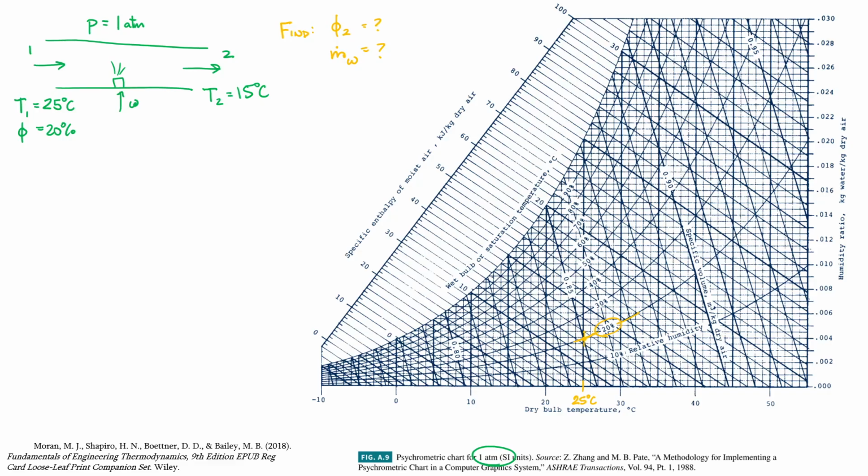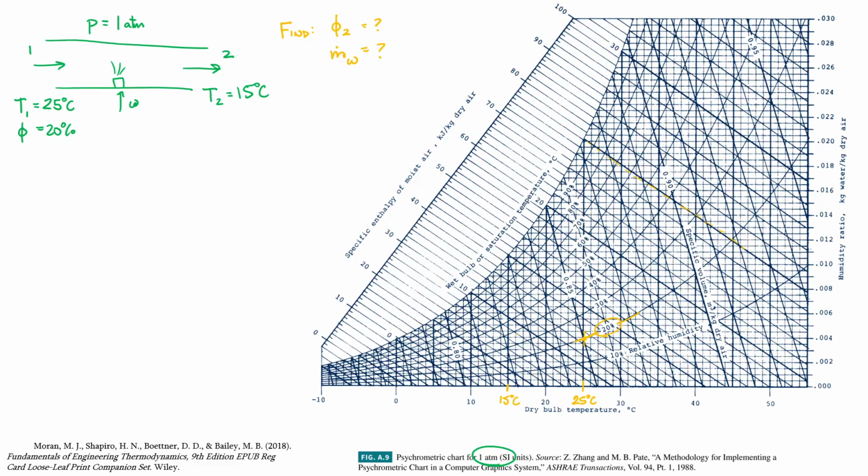Okay, with this, when I am talking about an evaporative cooler, I know that my wet bulb temperature is staying the same, and the wet bulb temperatures are these lines right here. So I'm going to be moving along those lines until a point where I hit 15 degrees Celsius.